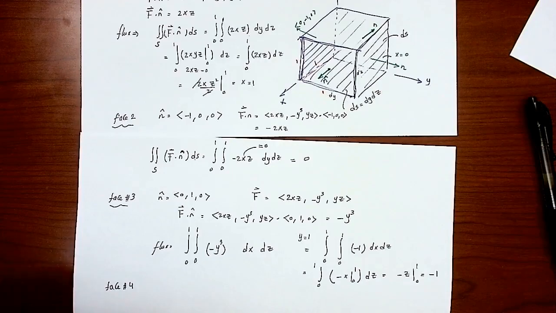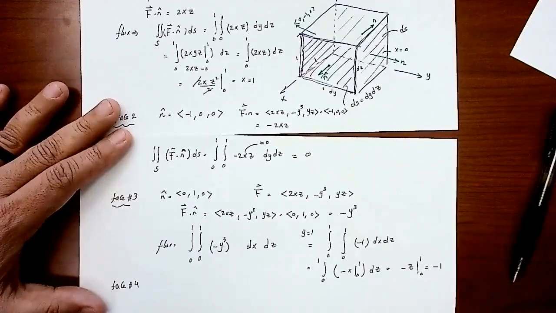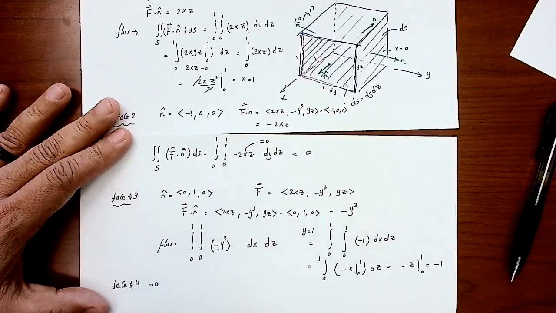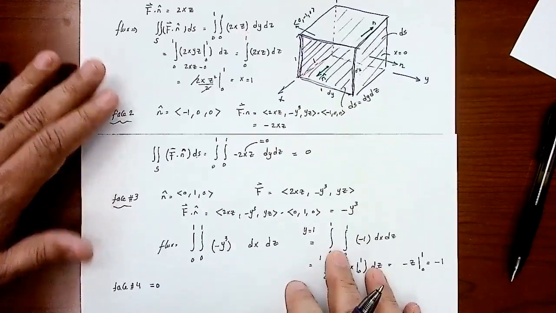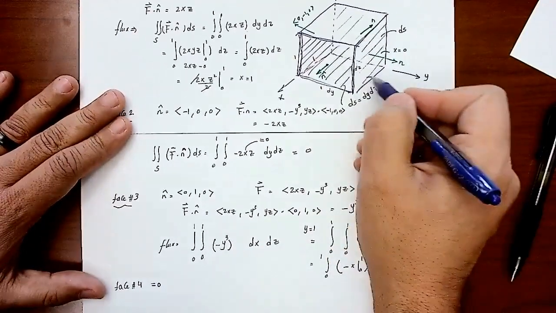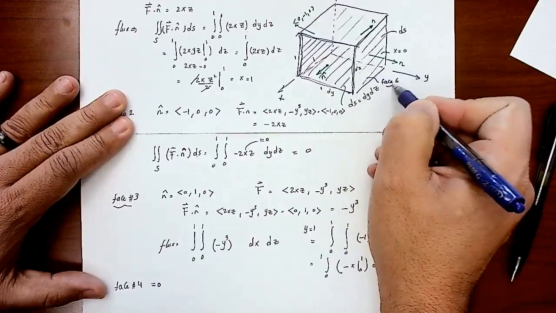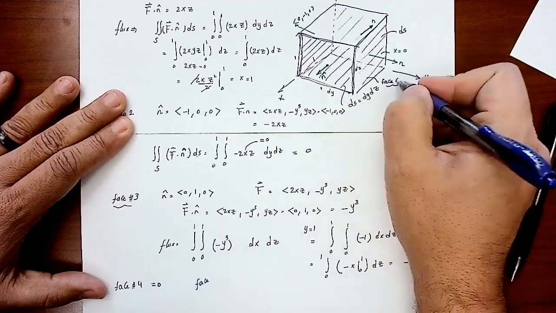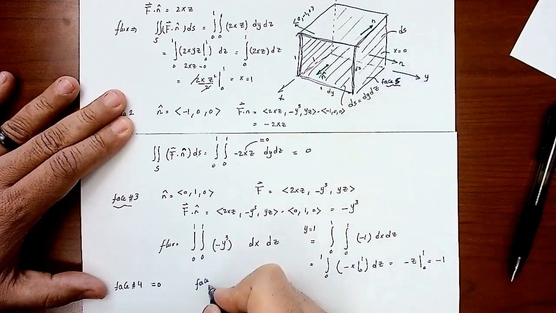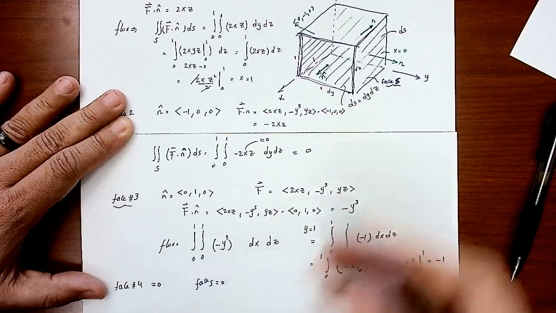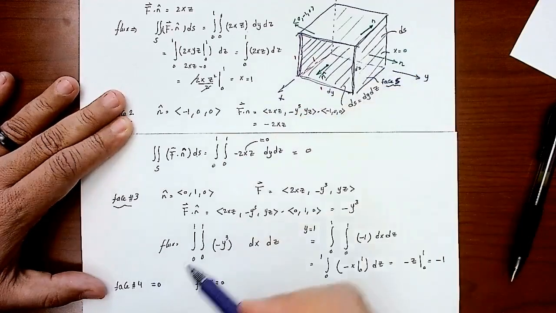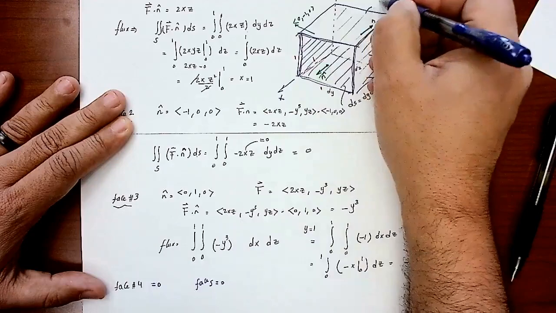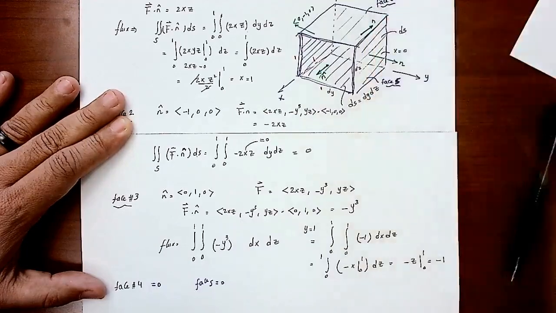But the y coordinate for that one is 0, so you end up with face 4 having a flux equal to 0. Try it yourself and you'll find the same. The same applies for this face here; let's call that face 5 to move in order. Face 5 will also have a 0 flux because of the coordinate of this face. Let's see the upper face here. I'm going to call that face 6, and let's see what the flux is.